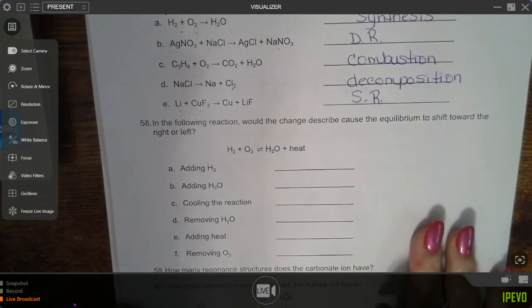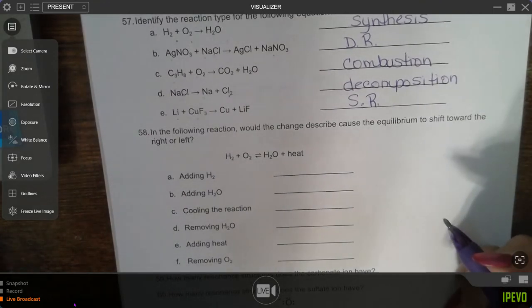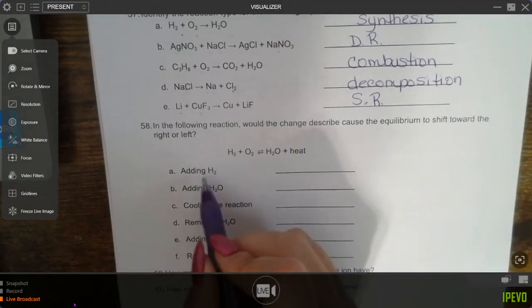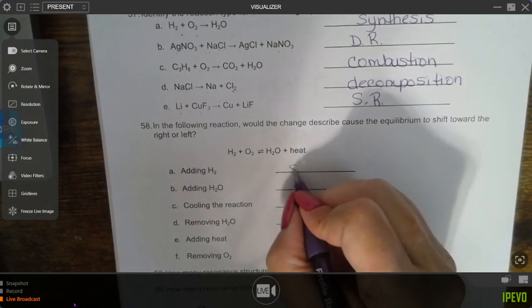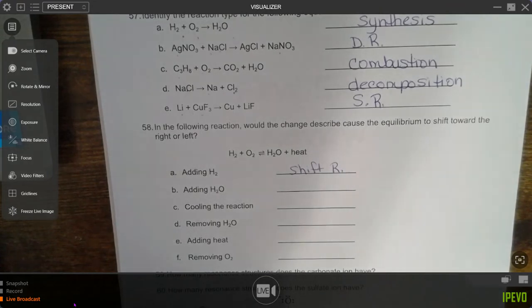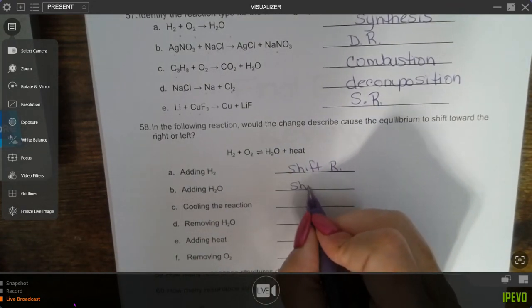All right. In the following reaction, would the change described cause the equilibrium to shift? So this is Le Chatelier. Remember the teeter-totter. If we add hydrogen, it's going to shift right towards the products. If we add water, it's going to shift left.